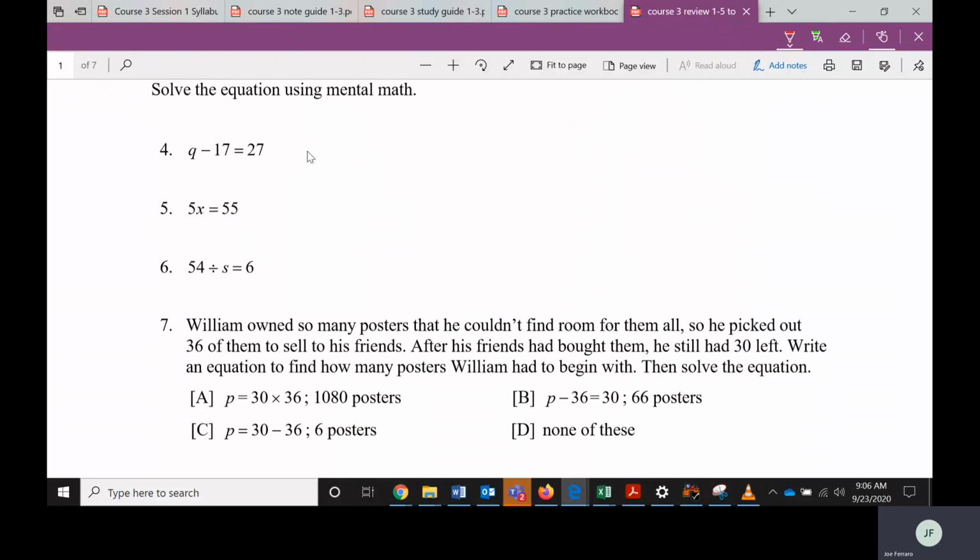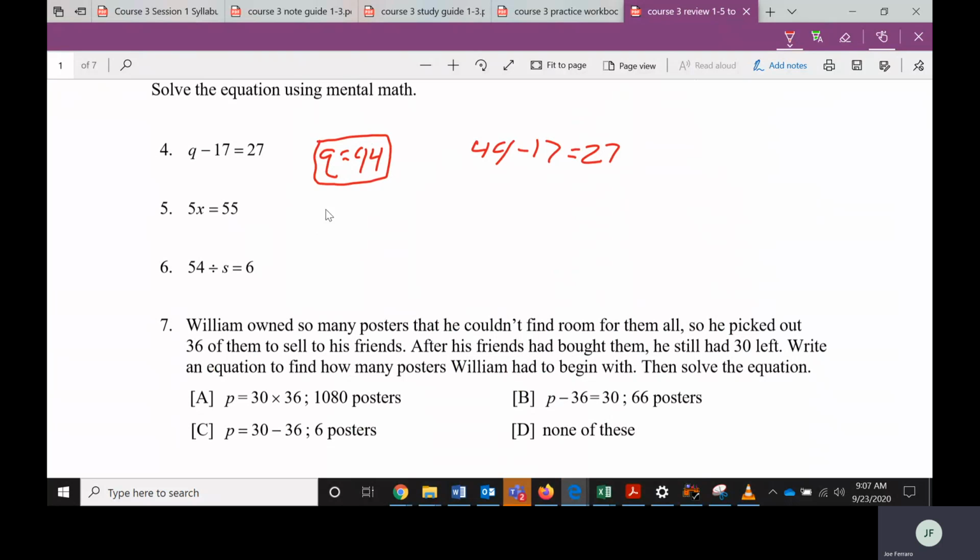So you might need to keep guessing, or if you remember, if it's subtraction, you could do the opposite and take 17 plus 27, and you get Q equals 44. And if you didn't know that for sure, then you just test it out. Type in 44 minus 17. Yes, that does equal 27.